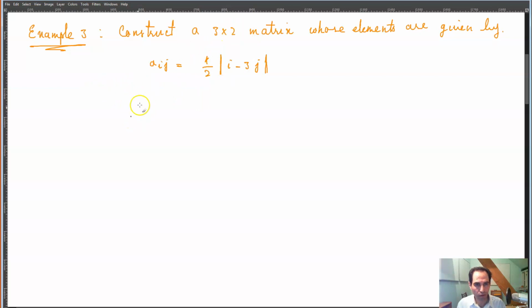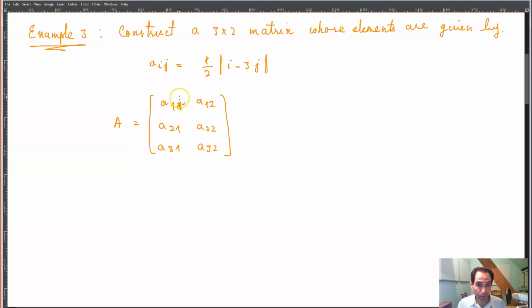So then your matrix would be some matrix A, with 3 rows and 2 columns. So this is A of 1 1, this is 1 2, this is 2 1, this is 2 2, and this is 3 1, and this is 3 2, right?